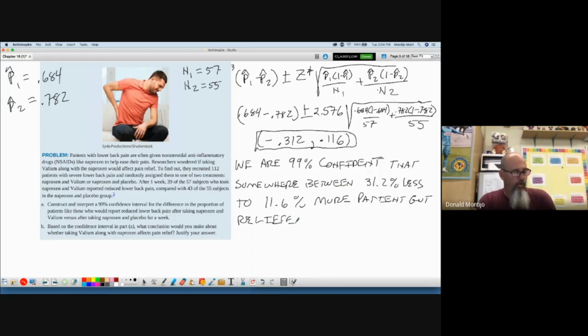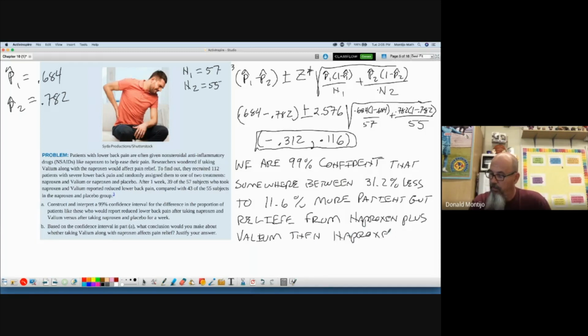So we are 99% confident somewhere between 31.2% less to 11.6% more patients got relief from naproxen plus Valium than naproxen alone.